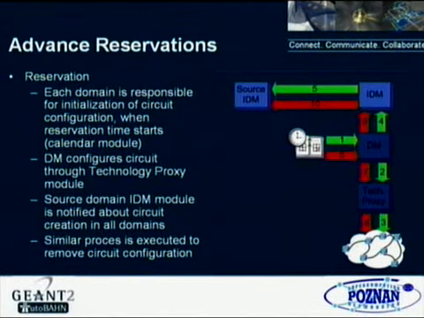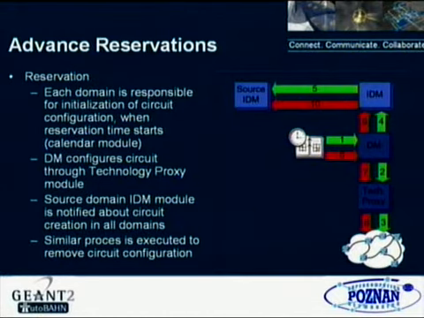The calendar module signals to the domain manager that it's time to make the reservation. It gives the parameters. The technology proxy is responsible for the network configuration, so this is where the network configuration takes place. It notifies the IDM, which sends the signaling to the source IDM that, okay, I have a circuit, you can use it. The same happens when we tear down the circuit.